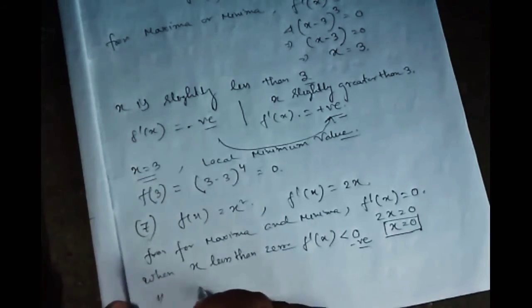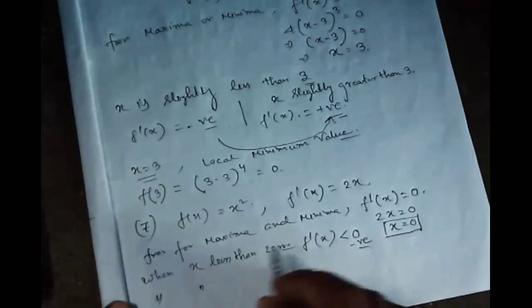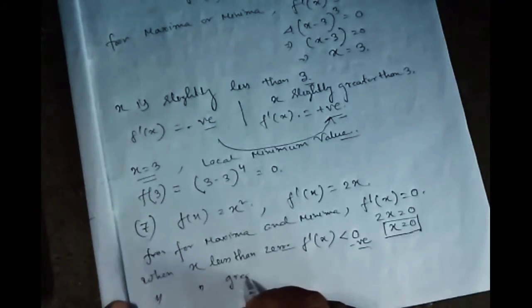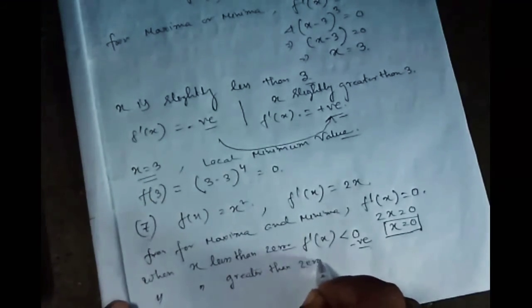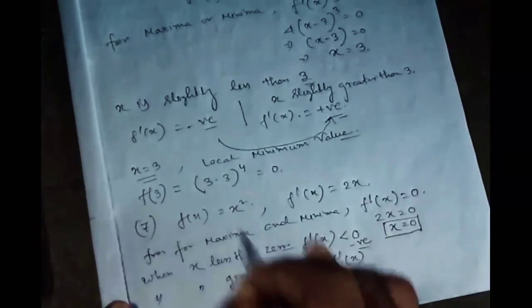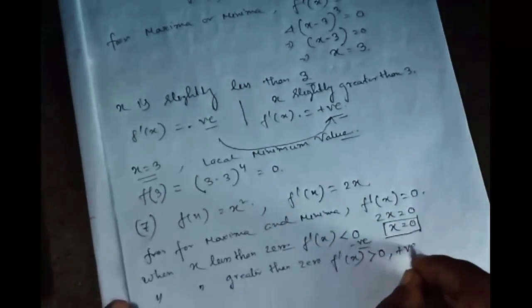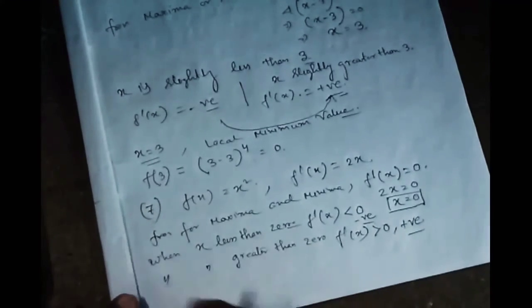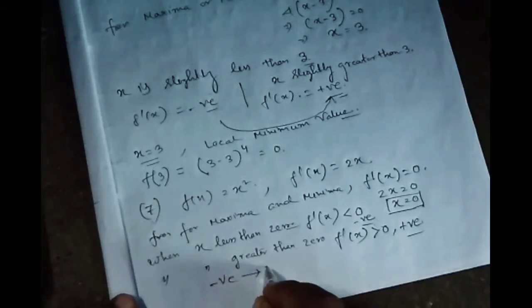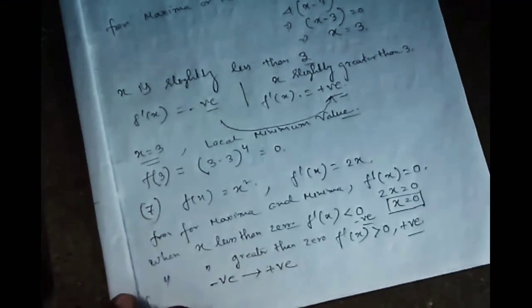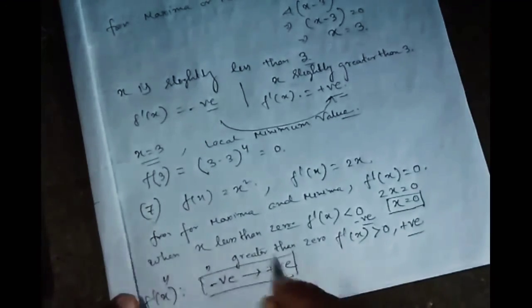When x is greater than 0, then f dash x is greater than 0, that is positive. So f dash x changes sign from negative to positive.